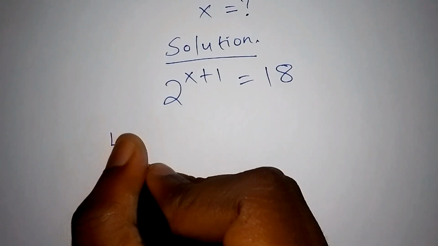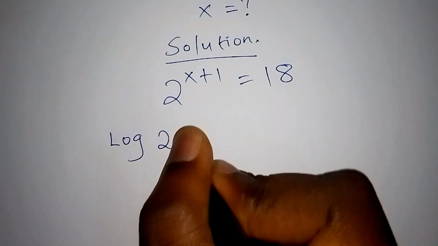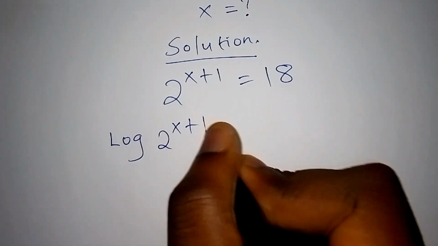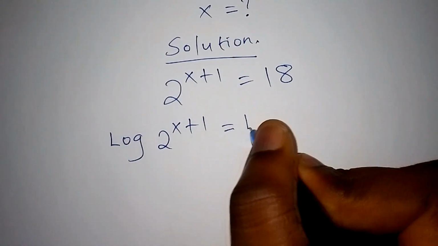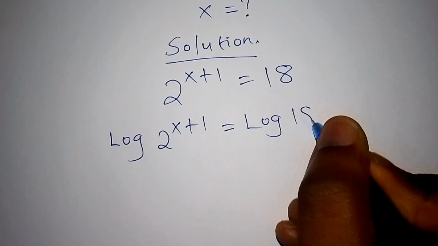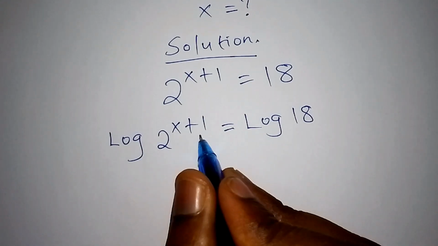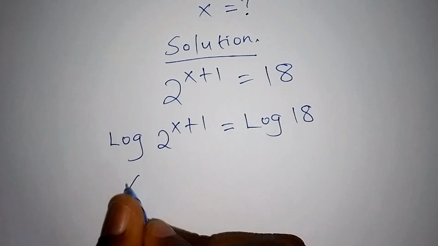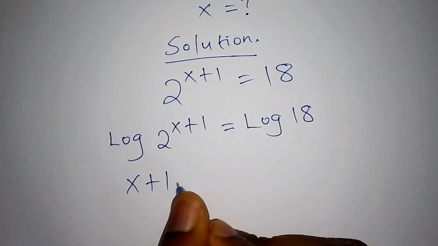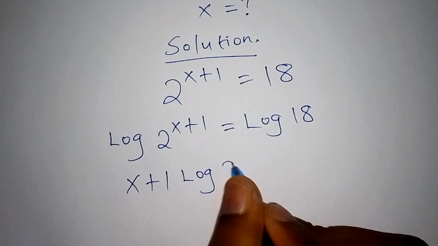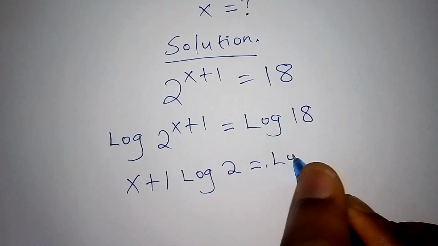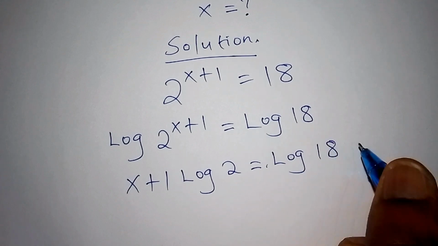We shall have the log of 2 to the power of x plus 1 is equal to the log of 18. The log of 2 to the power of x plus 1 can also be written as x plus 1 log 2 is equal to the log of 18.